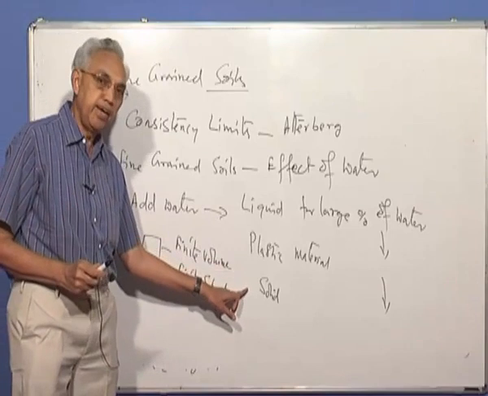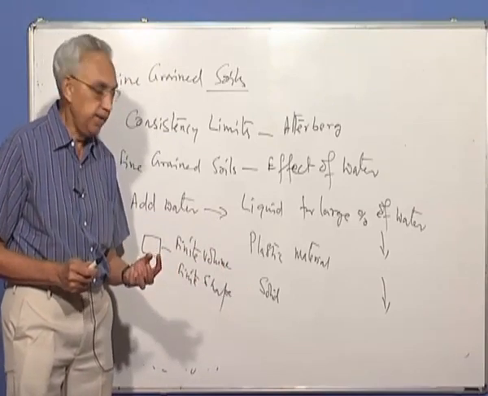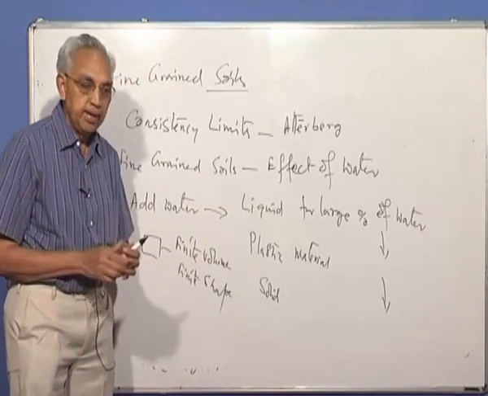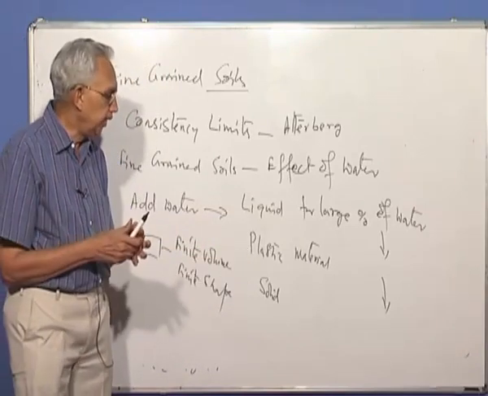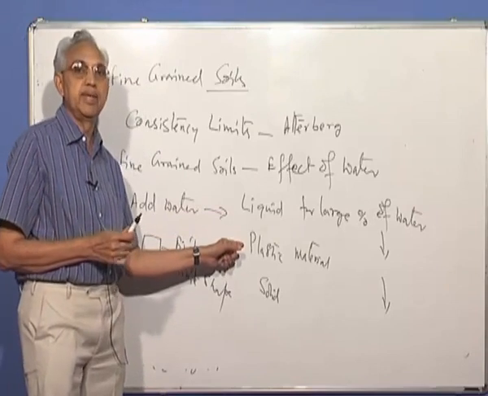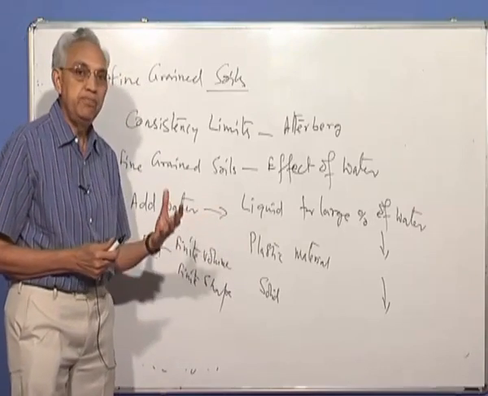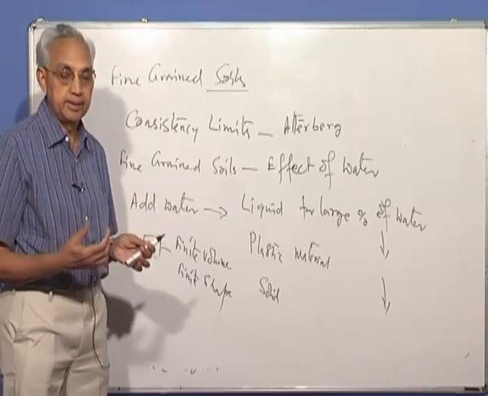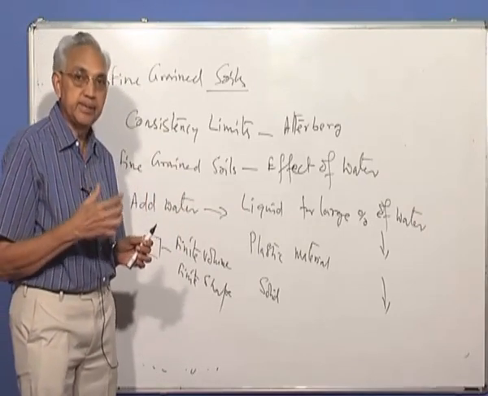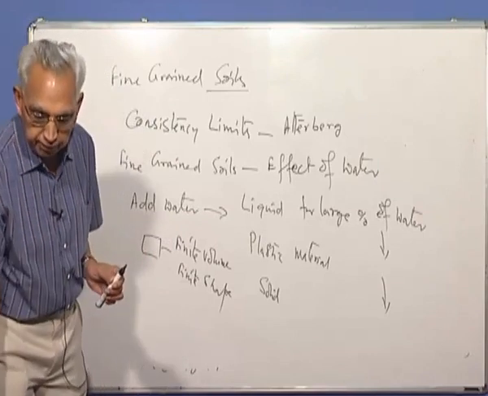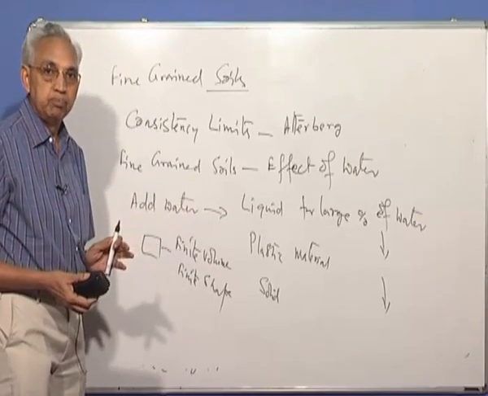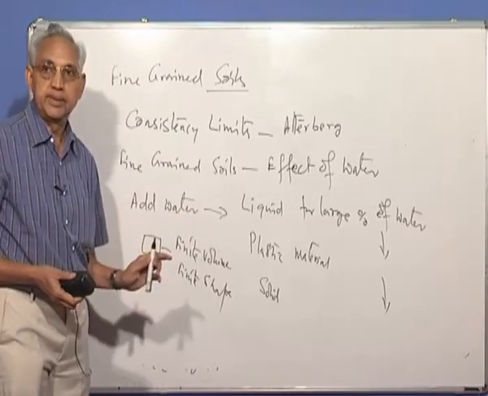So when it finally becomes fairly dry, it behaves like a solid. If you increase the water content, I can then mold it into any shape. That means it behaves like a plastic material. If you add a large amount of water, you can even make it into a suspension. But we are not interested in a suspension. What we would like to know is what is the maximum water you can add before the soil loses its shear strength.